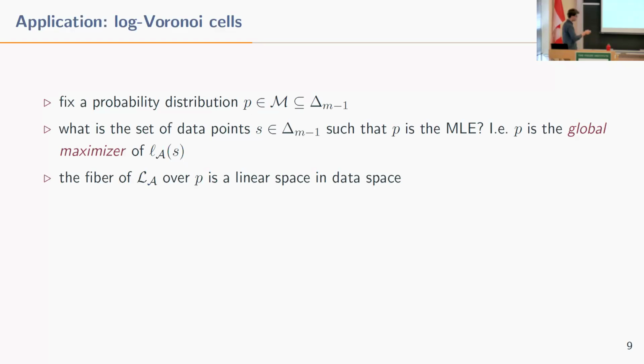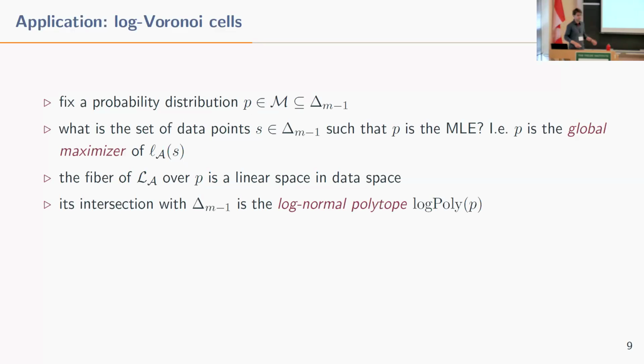Now if my P at least is generic enough, then the fiber of the likelihood correspondence over P gives me a linear space in data space. This is what we discussed before. It's an affine bundle, so this is just a linear space in data space, and I can intersect it with this data simplex. And the result is a polytope that's called the log normal polytope.